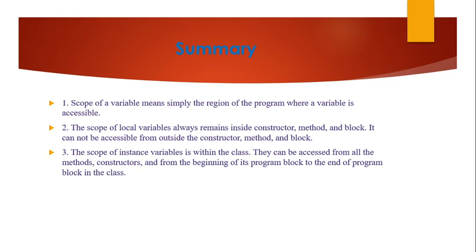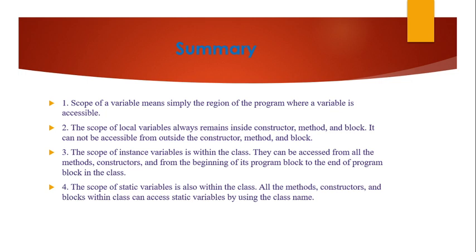The scope of an instance variable is within the class. They can be accessed from all the methods, constructors and from the beginning of the program block to the end of the program block in the class. The scope of a static variable is also within the class. All the methods, constructors and blocks within the class can access static variables by using the class name.